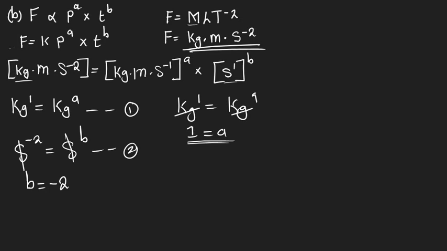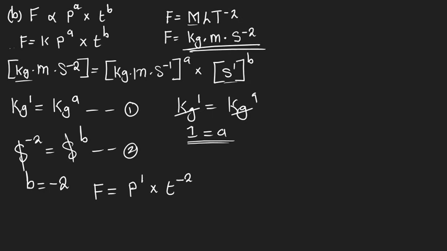So, when you reach there, you go back to your equation. You find that your force was equal to the momentum to the power A, which is 1, multiplied by the time to the power B, which is negative 2.